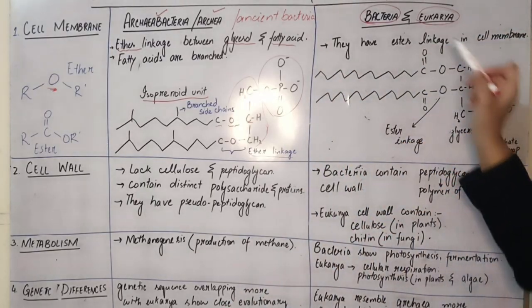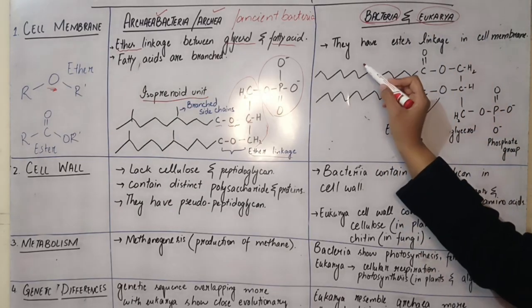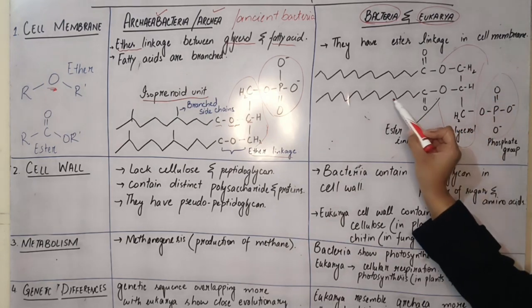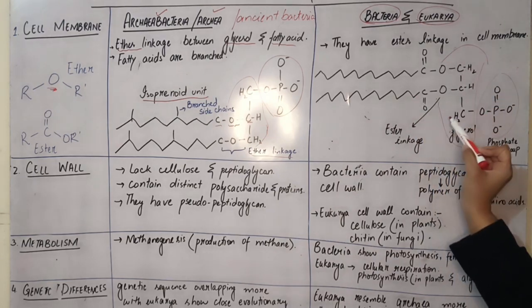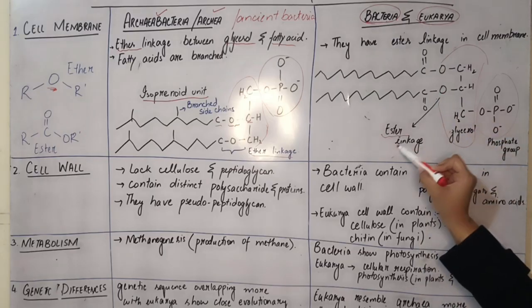Over here, if you look at the cell membrane of bacteria and Eukarya, you can see that the isoprenoid units are not branched. There is no branch in isoprenoid units. This is the phosphate group, and this is glycerol. You can see glycerol alcohol, and the carbon of the fatty acid is bound with glycerol through the ester linkage. Now, what is ester linkage?